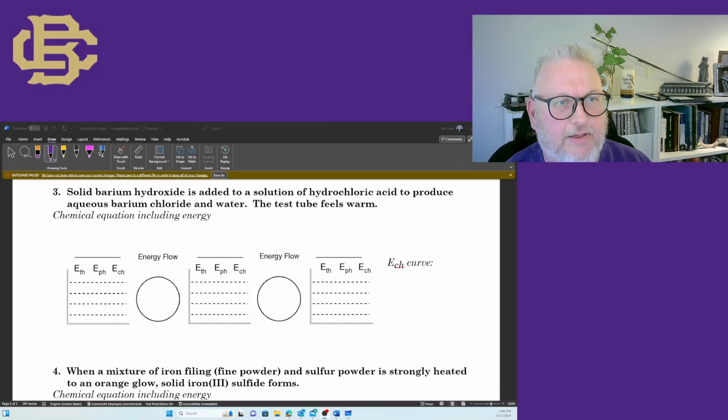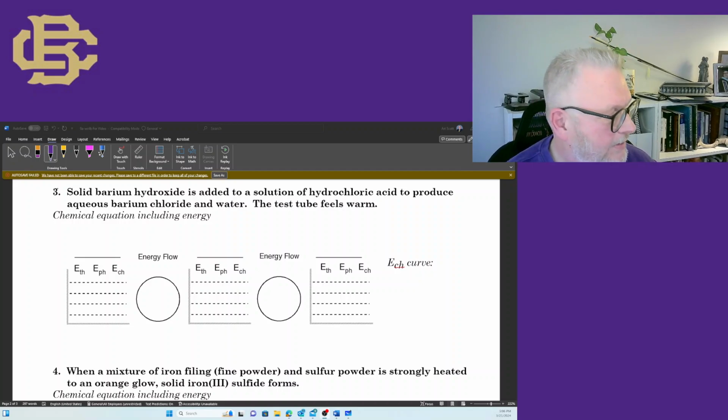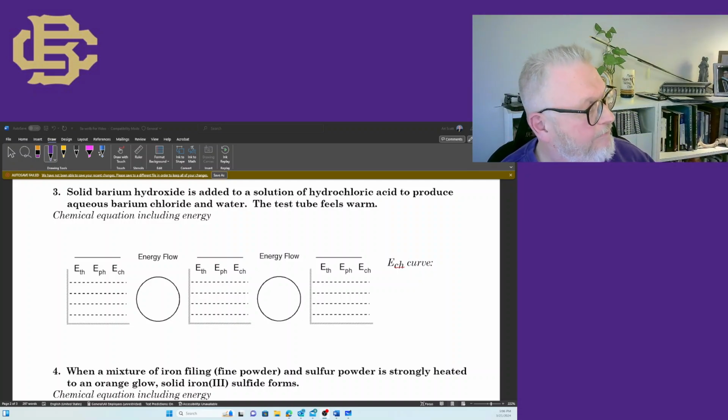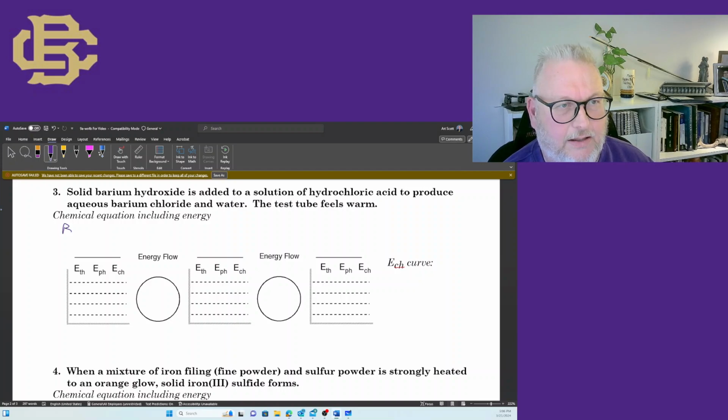Let's write down our facts, right? So it says I have solid barium. Look at my trusty periodic table, and barium. Write it down. Ba hydroxide.